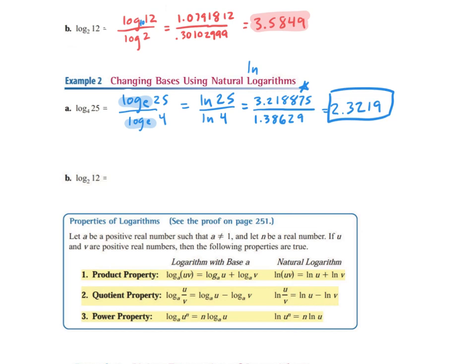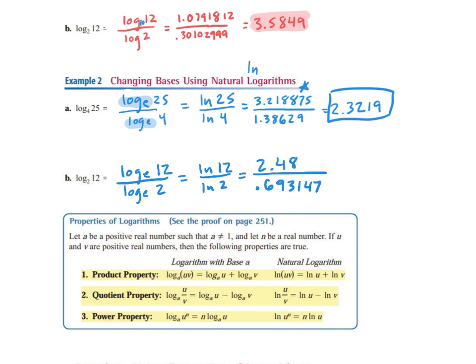So let's do it for our second one. So again, we have log base e, the 12 goes on top, so the bigger number is on top, then log base e of 2. So log base e we change to ln, so ln of 12 over ln of 2. So ln of 2 is 0.693147, and then ln of 12 is 2.484906.